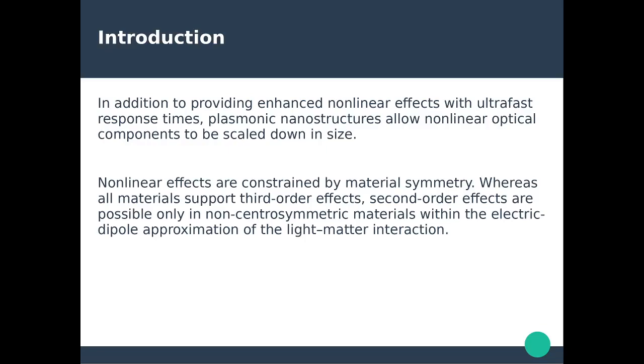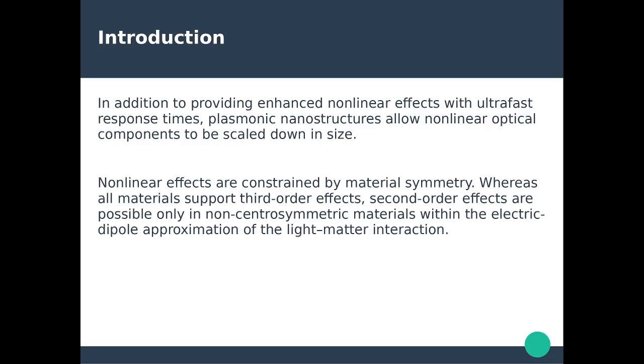Central symmetry is a crystallographic symmetry that has an inversion symmetry point. So metals such as gold and silver, which have FCC crystallographic structures, are centrosymmetric. So by default, gold and silver will not exhibit second order effects.